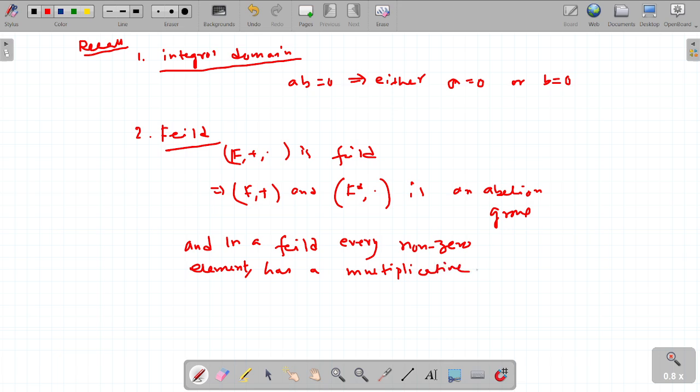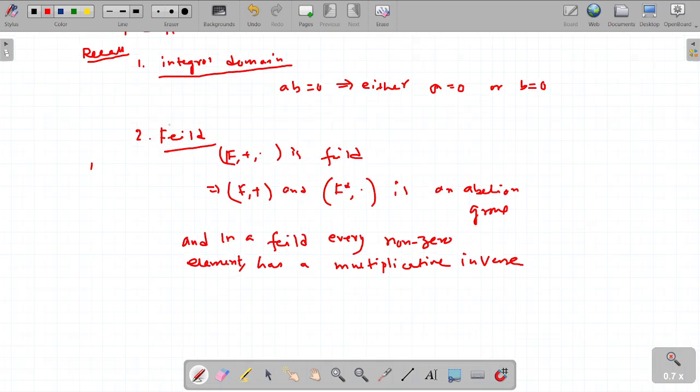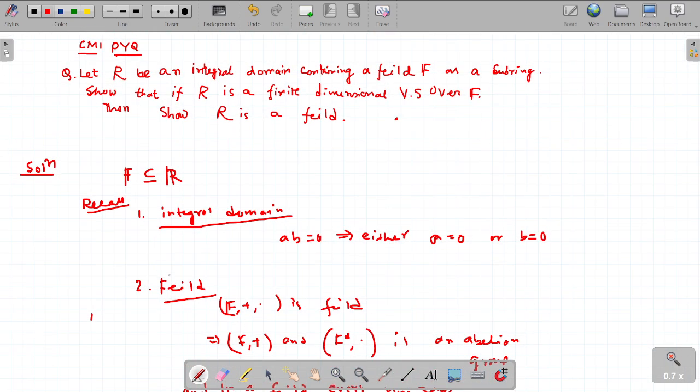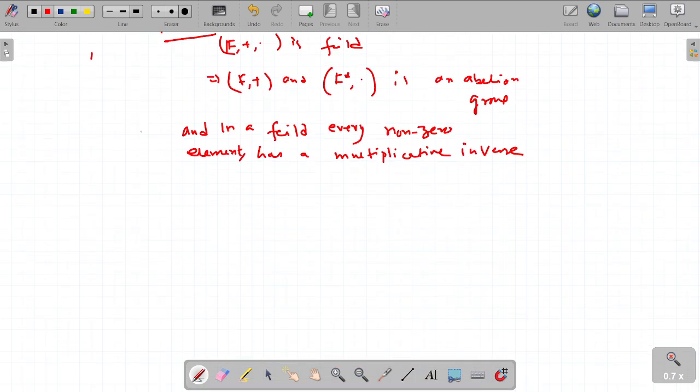So these are the things which I wanted you to recall about a field and an integral domain. Now let's get to the question. The question says that if we assume that R is a finite dimensional vector space, then we have to show that R is a field. Okay, so let's see the solution now.